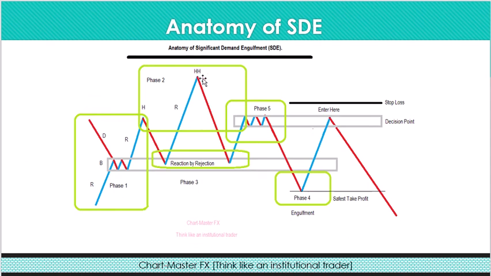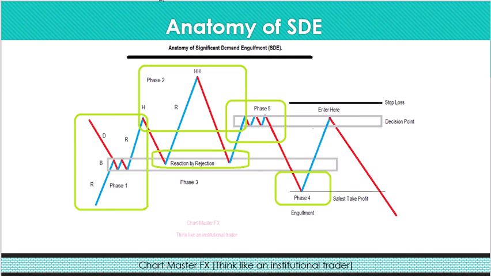Once we have a higher high here, then we have our phase number 2. That's how you can understand this setup, guys. You need to identify phase number 1 first, then you identify phase number 2. So we go to phase number 3.